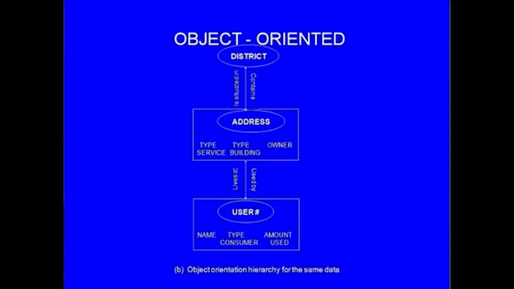Within this it will have data information regarding where the district is located, and whether this district contains this particular address. Once we go to the address, it will try to find out different types of information, that is the type of service they require, the type of building which is there, the owner, and details regarding the owner, in terms of the name, the type of consumer, and how much money he probably spends.